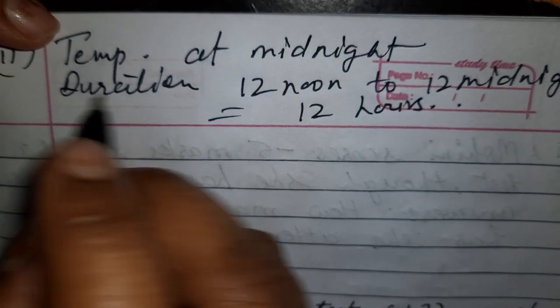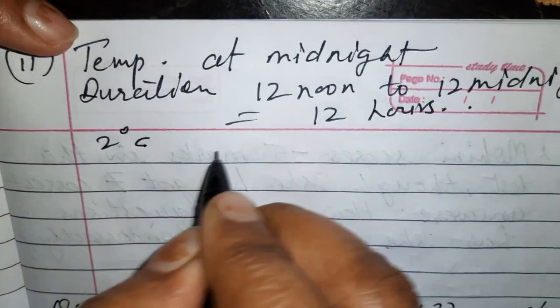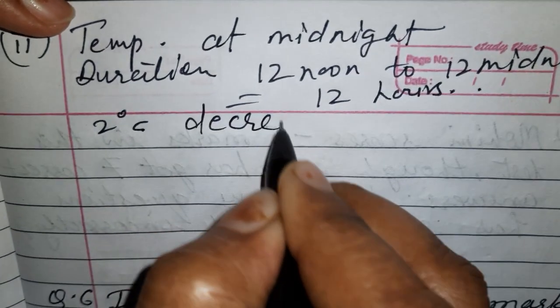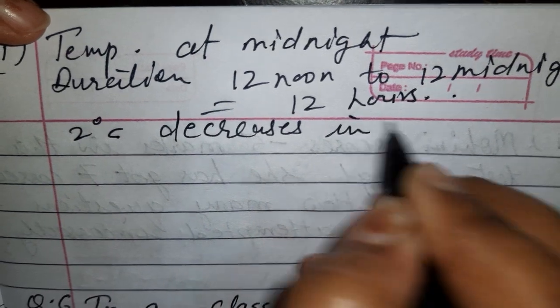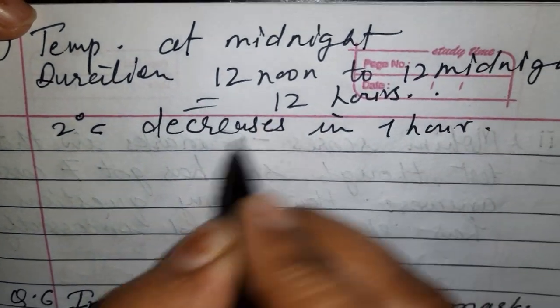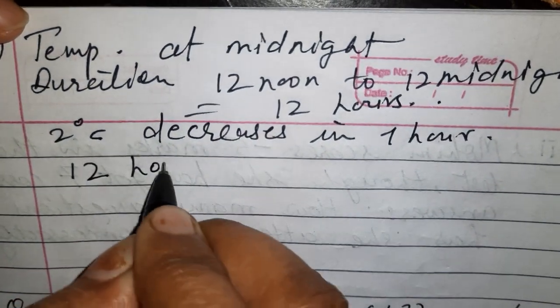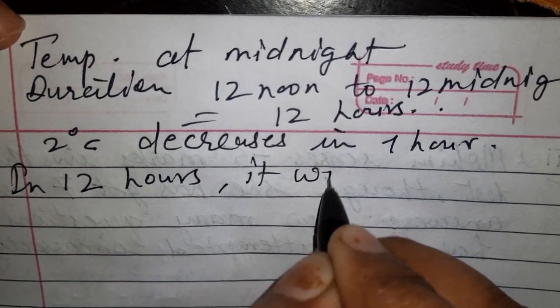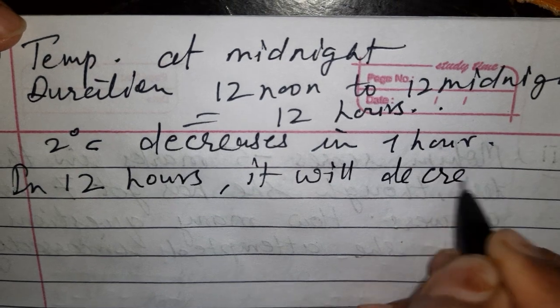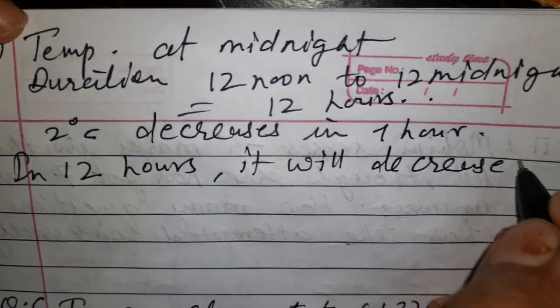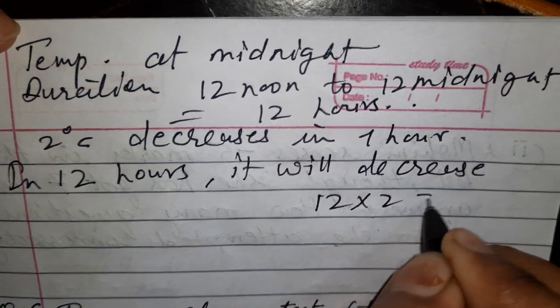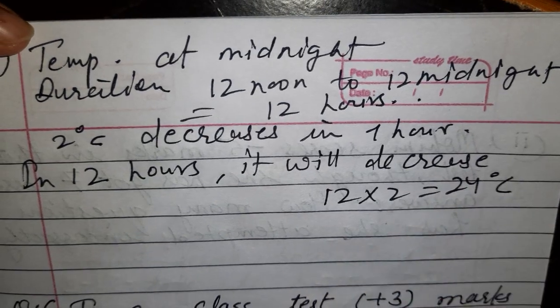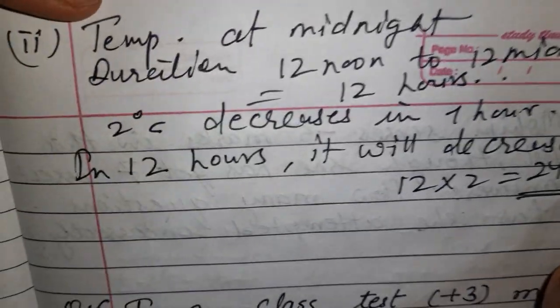Okay, so 2 degrees Celsius decreases in 1 hour. So in 12 hours how much will it decrease? 12 into 2, that is 24 degrees Celsius. So 24 degrees Celsius it will decrease.